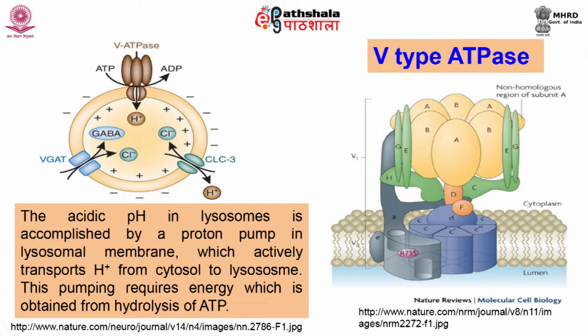This V1 complex consists of three parts. First is the globular head piece composed of three alternating copies of subunit A and B. Second part is the central rotational stalk composed of single copies of subunits D and F. Third part is a peripheral stalk made up of subunits C, E, G and H. Second ring structure is an integral membrane VO complex that mediates the transport of protons.